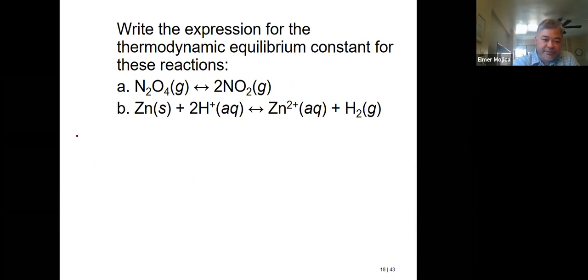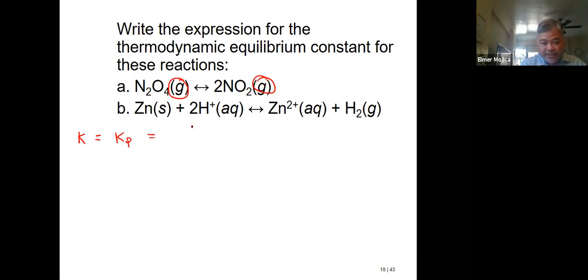So what's the K for the first one? Anyone? So how are you going to express the K here? In terms of Kp, because all of them are gases.